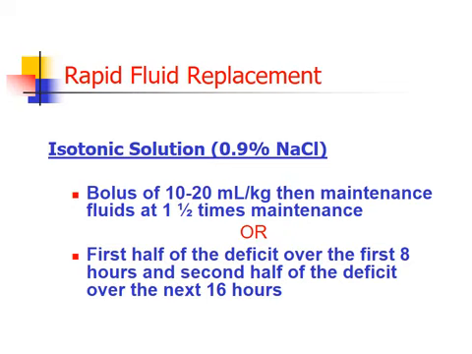With rapid replacement, there's a couple different ways that we can do this. They can bolus at 10 to 20 mLs per kg, and that's with the 0.9 sodium chloride solution. And then they hang maintenance fluids at 1.5 times maintenance.